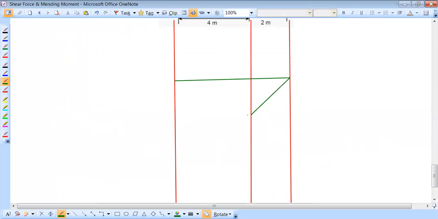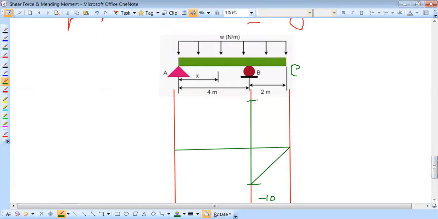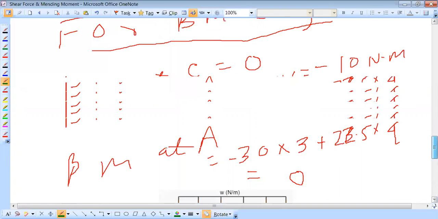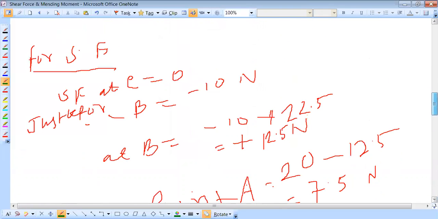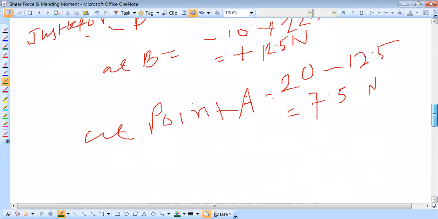And there is the value of how much? This is the value of minus 10 according to your scale. And also at point B is plus 12.5. So take a distance again upwards. So what is the value of this? This value is plus 12.5. Then at point C is equal to how much? We have already found out at point, sorry, 7 point.